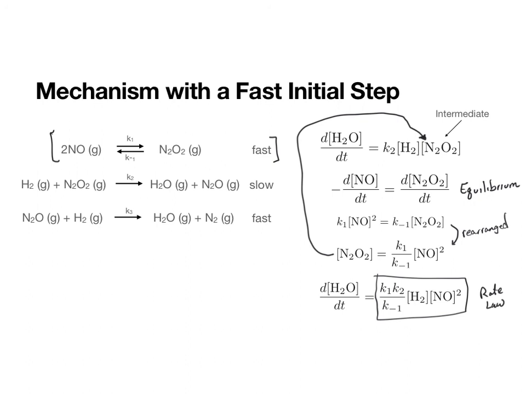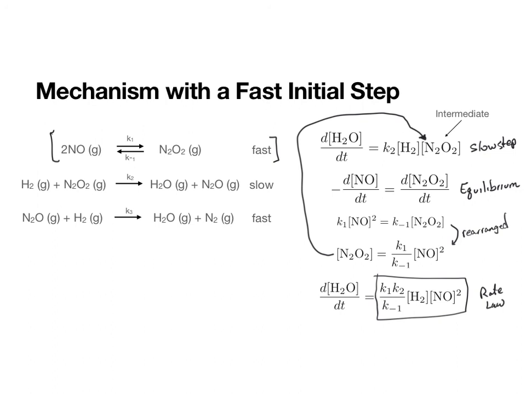Okay, so this process of set the rate law based upon the slow step and then find a way to solve for an intermediate using one of the other reactions and plug things in to get rid of that intermediate.